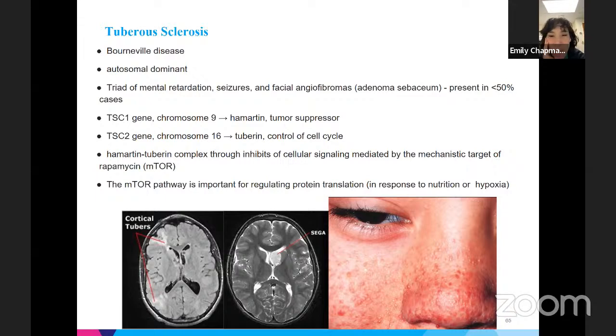The M is mechanistic, and then target of rapamycin. That's right. So the medicine that targets it is in the name of the gene. So rapamycin or sirolimus, or everolimus are used as medical treatment for tuberous sclerosis.